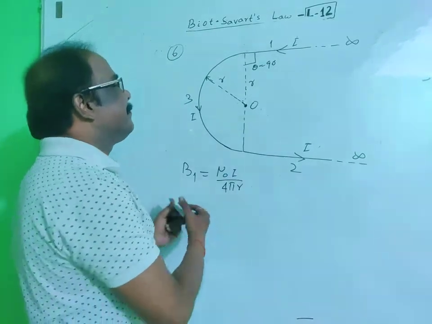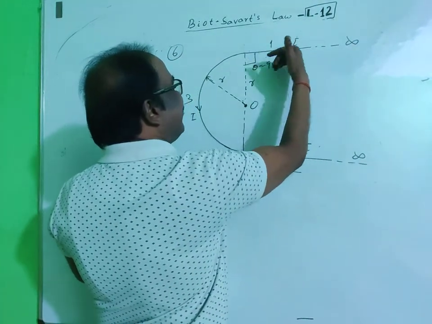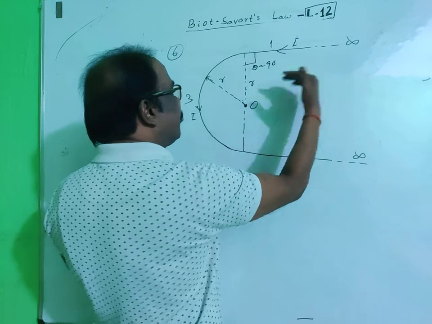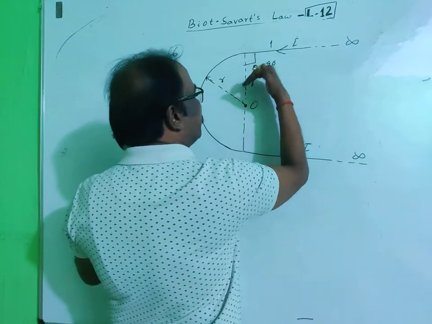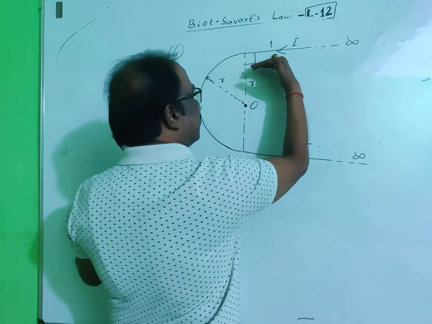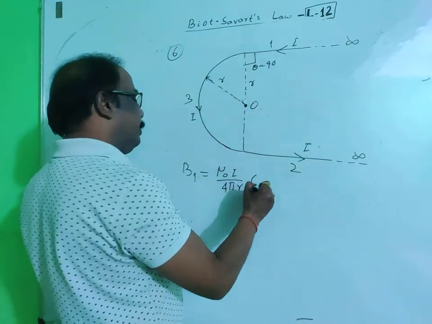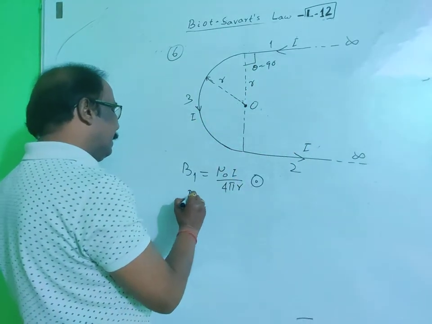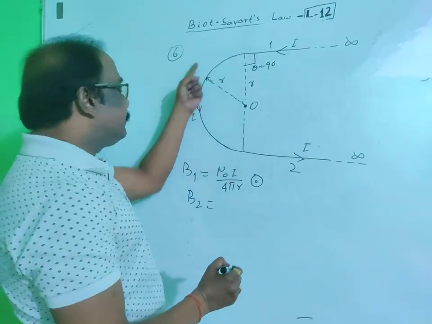Then the direction: current is flowing along this direction and we have to get the magnetic field at O. Just curl your fingers towards O. Keep your fingers along the direction of current and curl towards O. Direction is outward. Then magnetic field B2 is due to this semicircle.